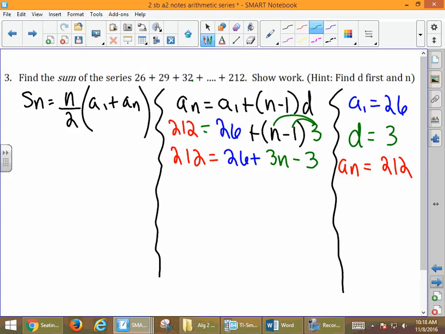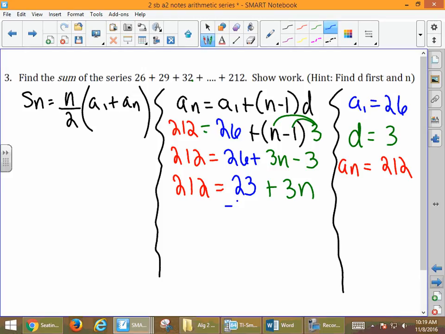Combine like terms. Well, we get 212 equals 26 minus 3, which is 23, plus 3n. What do we have to do to solve this equation now? Jordan? Subtract 23.